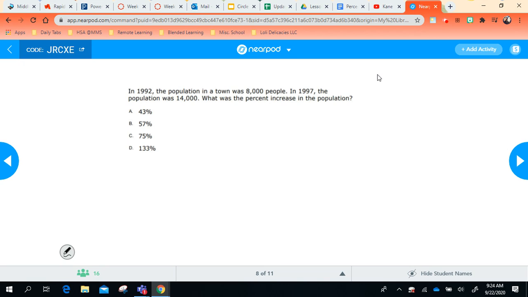What was the percent increase in the population? So, in 1992, the population in the town was 8,000 people. In 1997, the population was 14,000. What was the percent increase in the population?